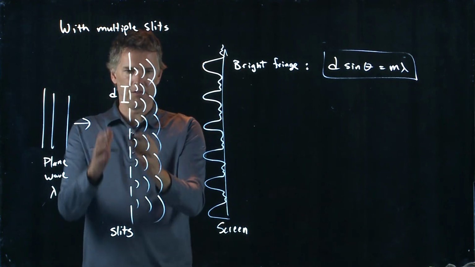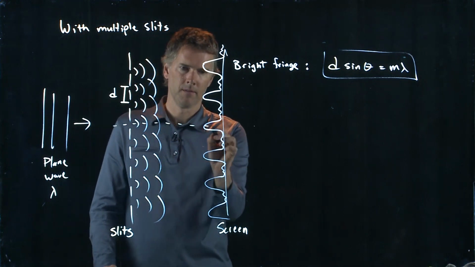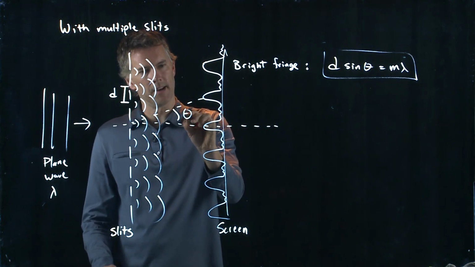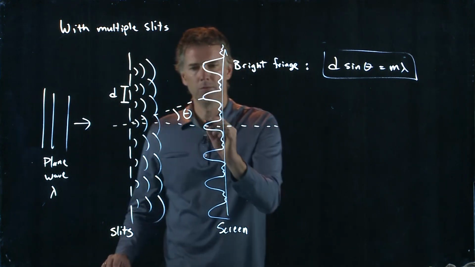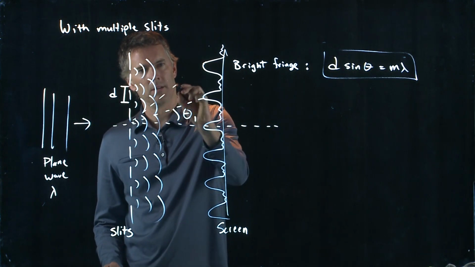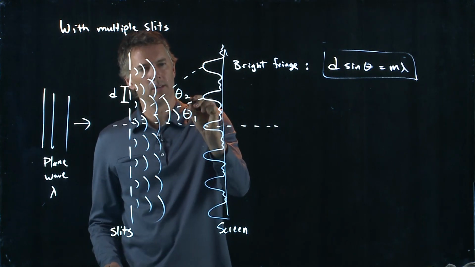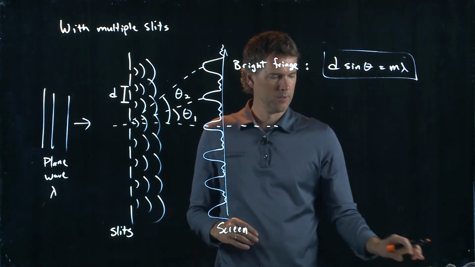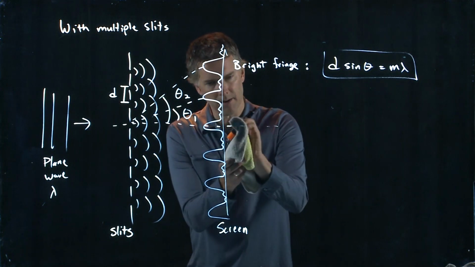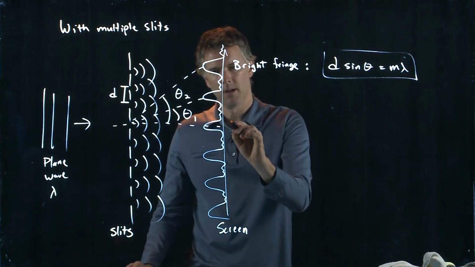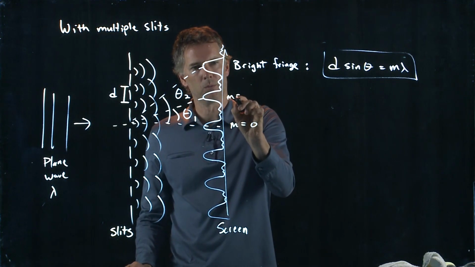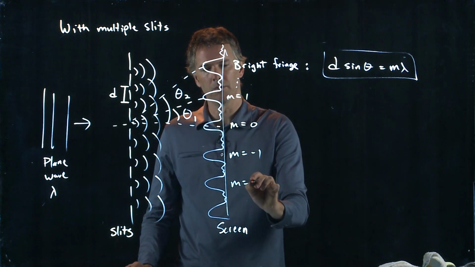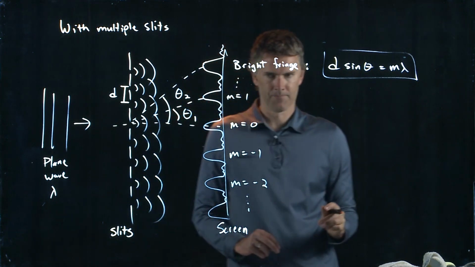Well, again, if you take the center of this whole thing, theta is going to be relative to that center line. So this would be theta 1. That would be theta 2. This would be theta for negative 1, for negative 2. So all these different spots here correspond to m equals 0, m equals 1, m equals 2, m equals minus 1, m equals minus 2, and so on.